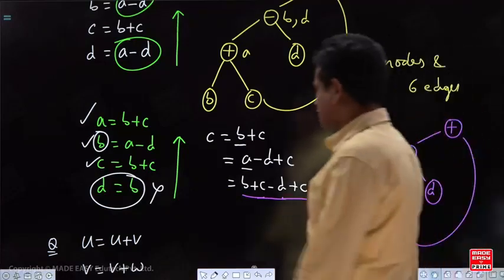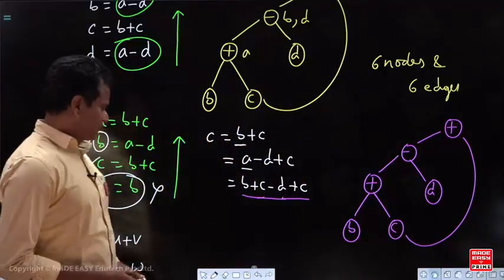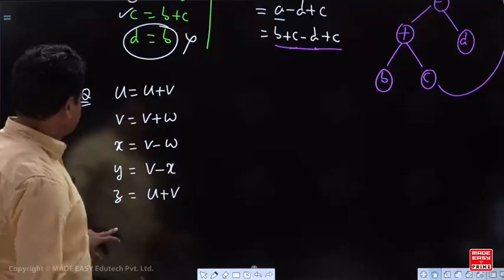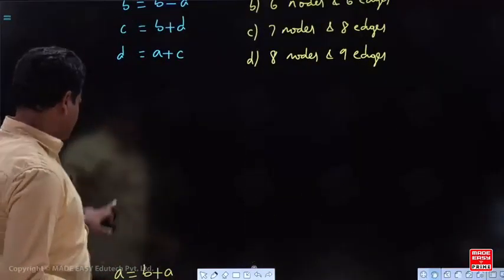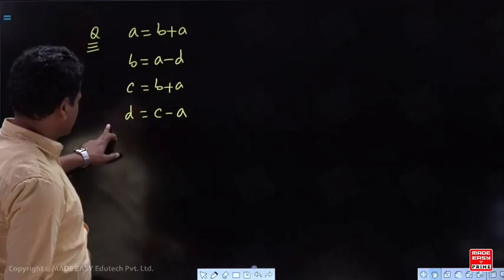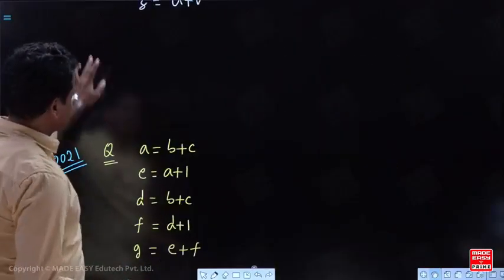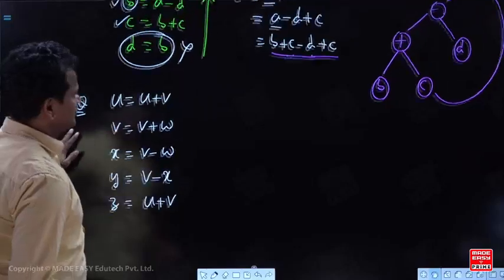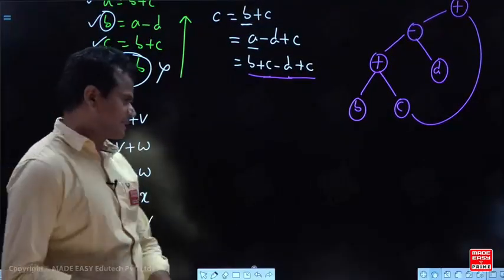Okay, after the break we'll continue this. We have more questions. This is one more question, and this is one more question, and this is the last question. So I am giving you enough questions. Based on this class, you can do the questions you get from other sources or in the examination.